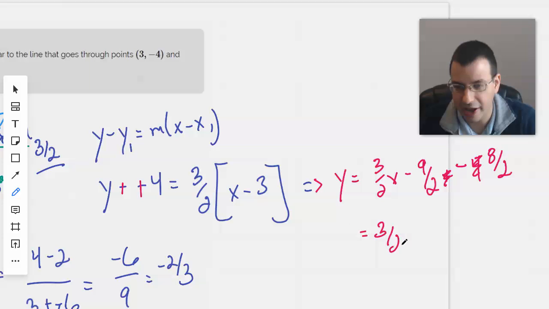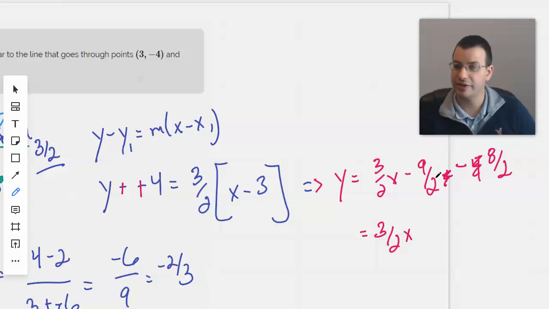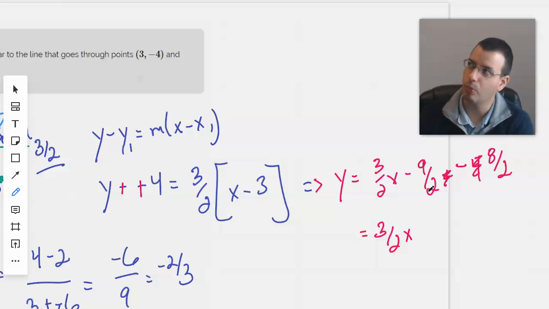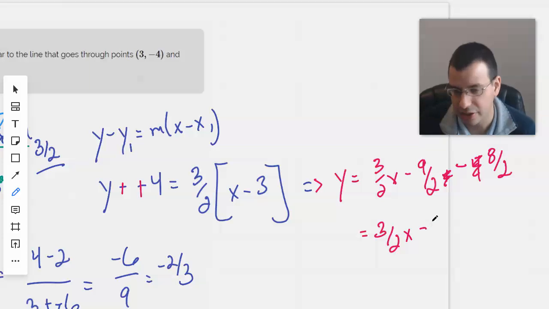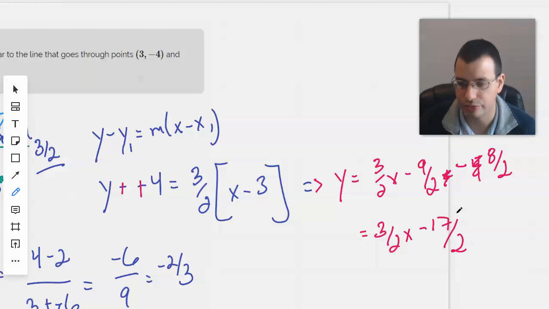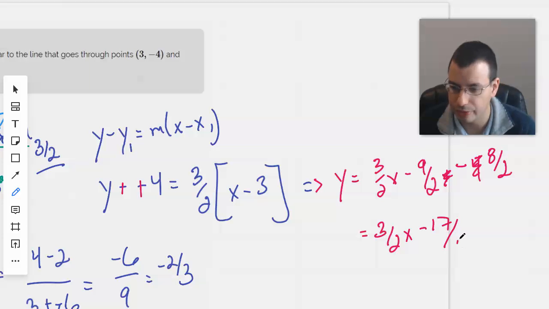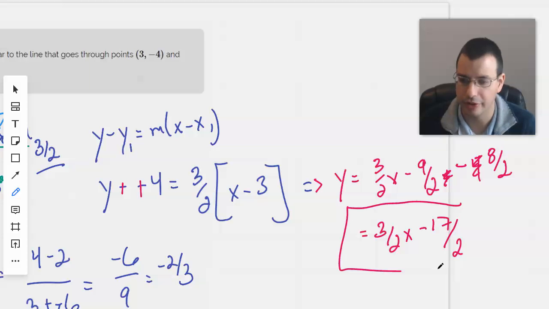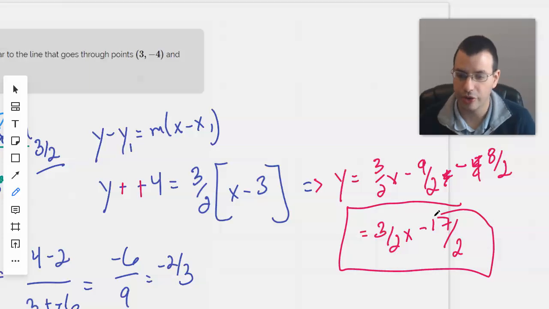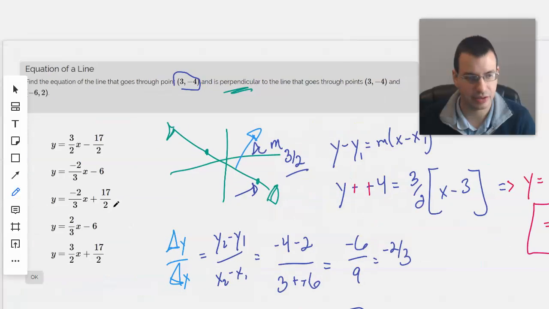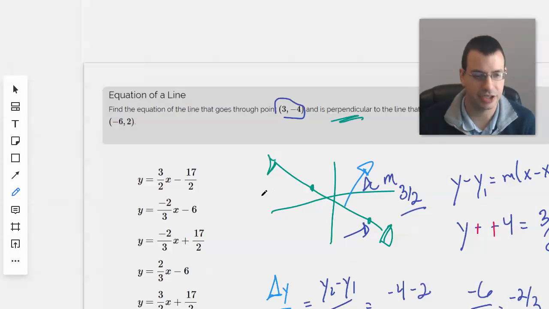So 3/2 x, -9 minus 8 is -17, so -17 over 2. It's a terrible 2. There we go. So y equals 3/2 x minus 17/2. Right here, bam. This is the answer.